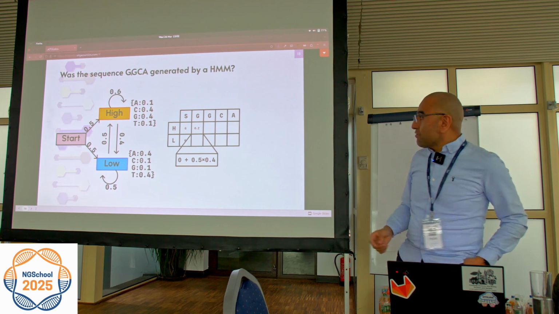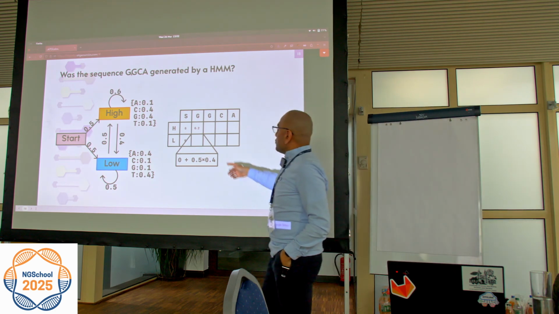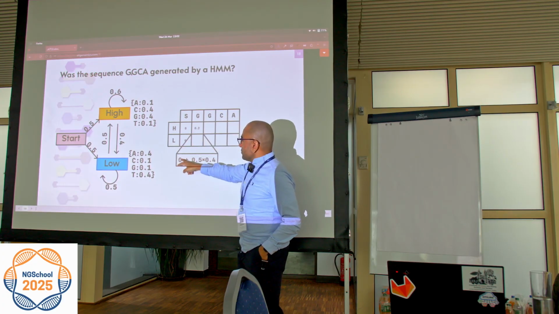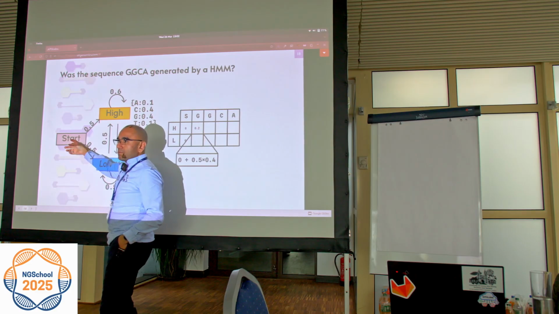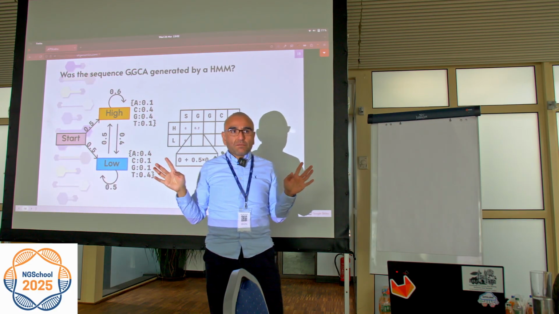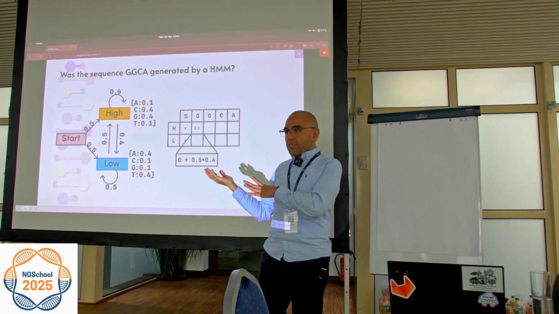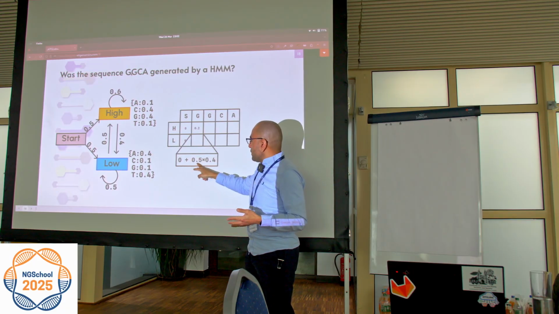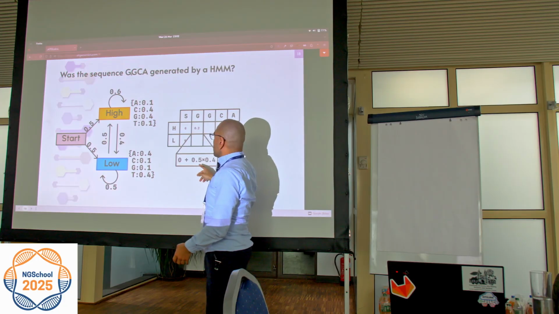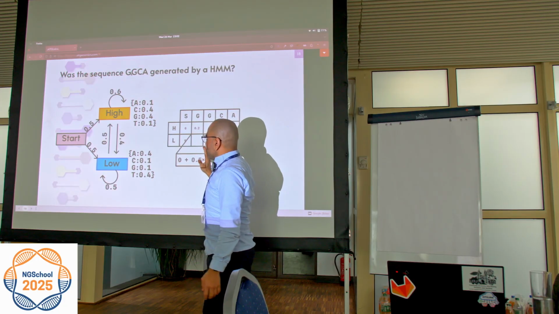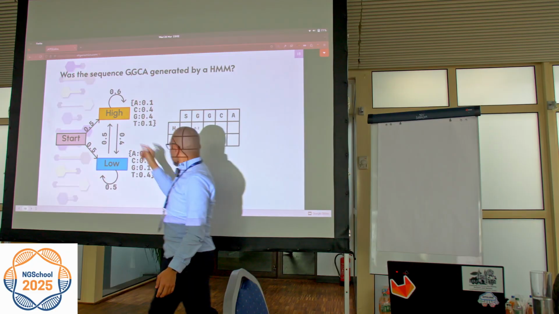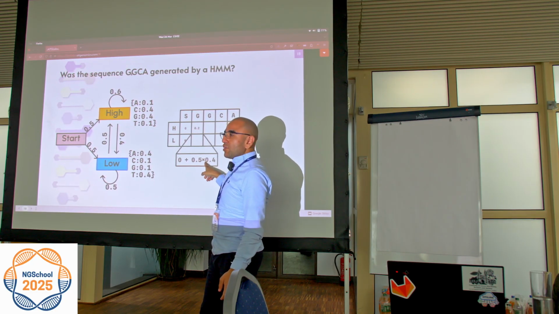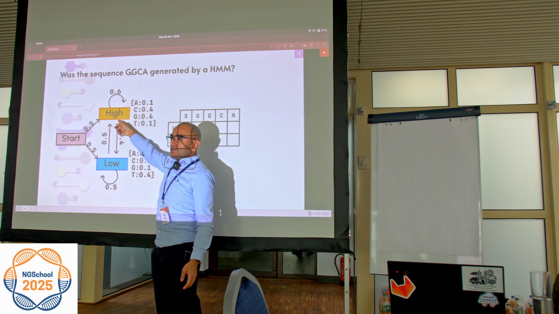In this case, we define the probability of G being part of H as 0, because in the start position we don't really have any probability of emission for A, C, G, or T. And then we add the transition probability from start to high, 0.5, times the emission probability of G under the assumption of high GC.